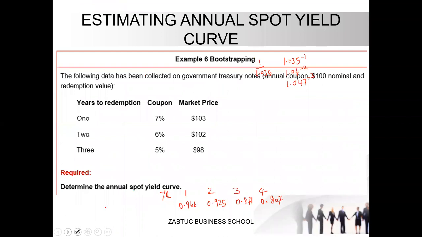So then we're going to work backwards. How? Do not be scared. This is very easy. And all of you will understand it. So these are the values. Bootstrapping. This is what we're doing. We're going to do the bootstrapping.